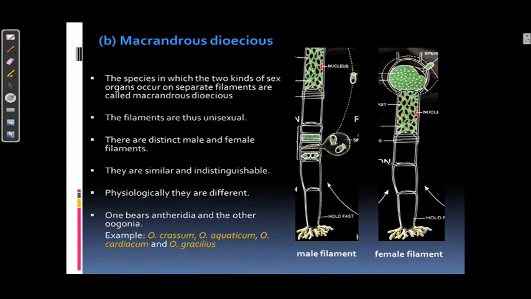Both the filaments are similar and you cannot distinguish them, but physiologically they are different because one bears antheridia and the other bears oogonia. This type of condition is called dioecious or unisexual condition. Examples are Oedogonium crassum, Oedogonium aquaticum, etc.